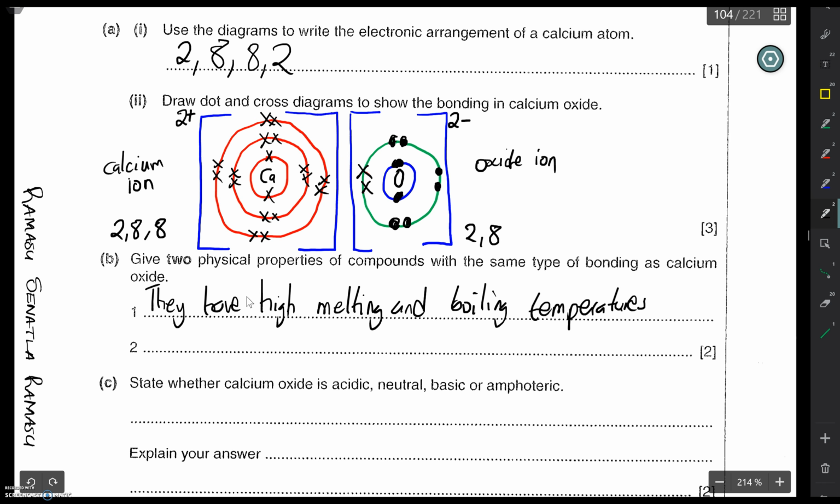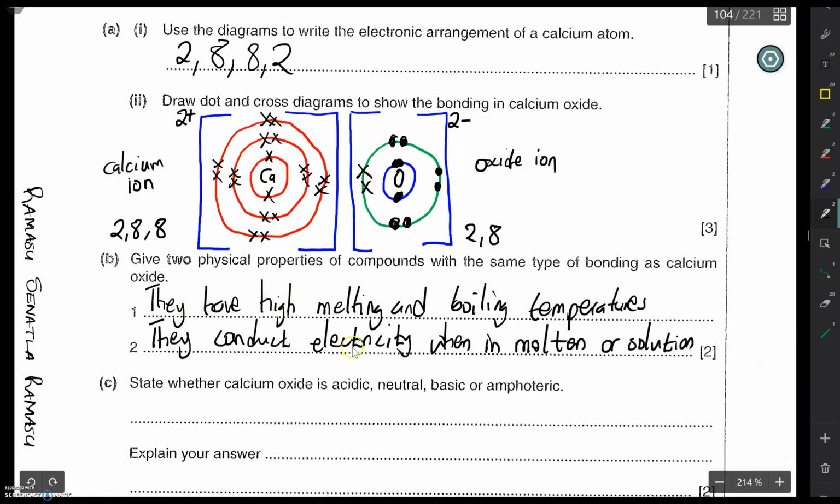Right. The other one could be that they conduct electricity when in molten or solution form.